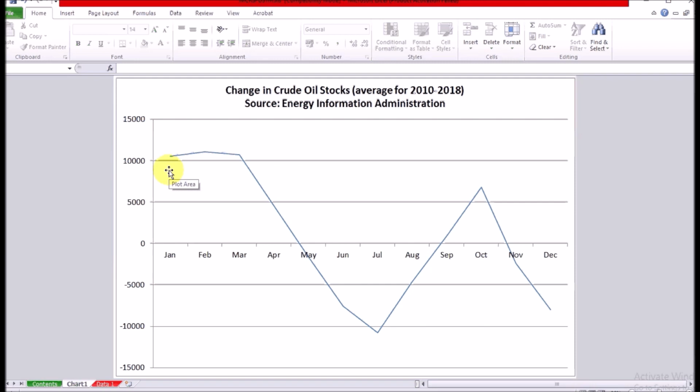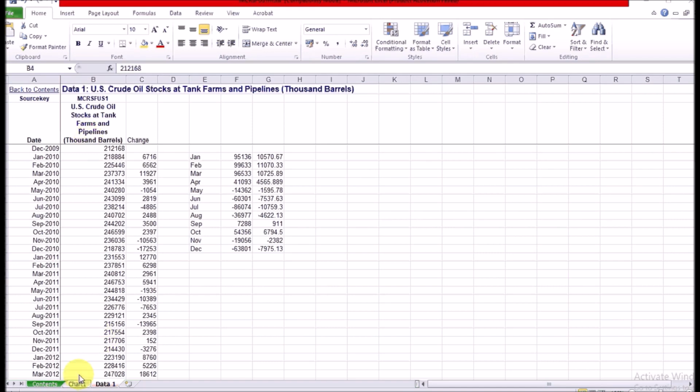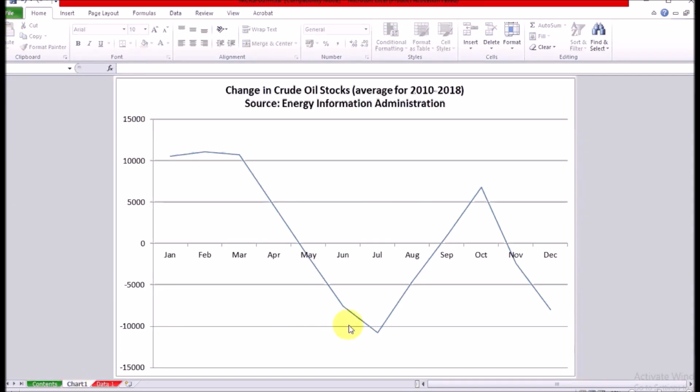So, for example, on average, in each June, the crude oil stocks in the US fall by this much, nearly 7 or 8,000. Whatever it's in, it's probably in thousands of barrels. So that's what this chart shows, and what we see is some sort of seasonality in here.